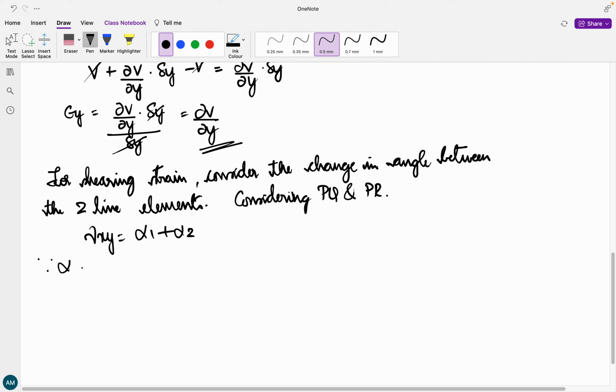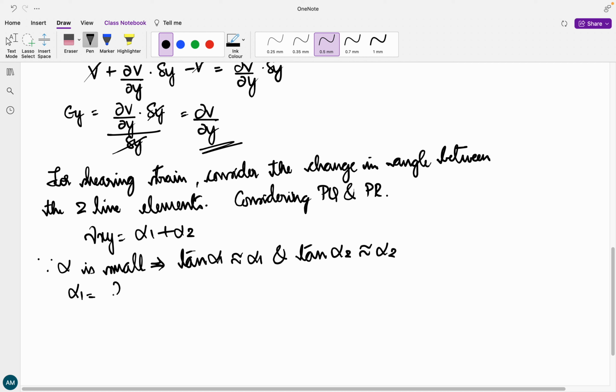I told you in the beginning that the shear strain is going to be so small that it is going to be within the proportional limit. Strain is going to obey Hooke's law. Since alpha is small, I can write tan alpha 1 is almost equal to alpha 1 and tan alpha 2 is almost equal to alpha 2.